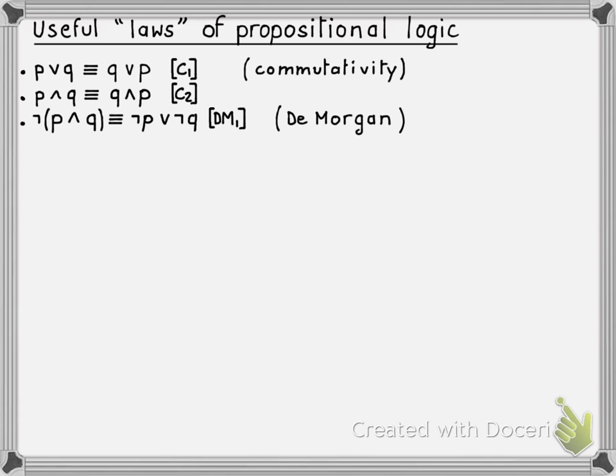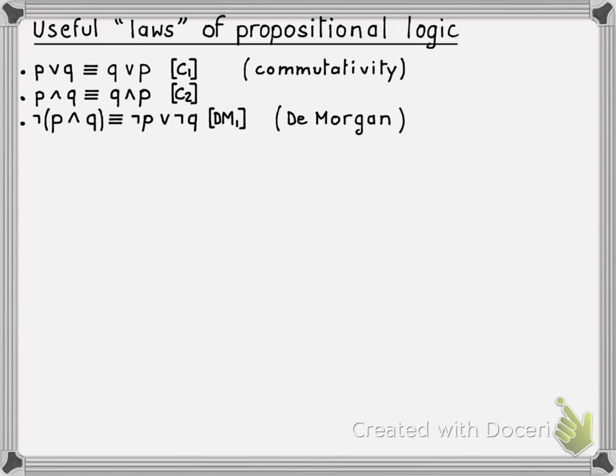The intuition for this logical equivalence is the following. If it is the case that P and Q are not true at the same time, not (P and Q), then it must be the case that either P is false or Q is false. That's the first such law.